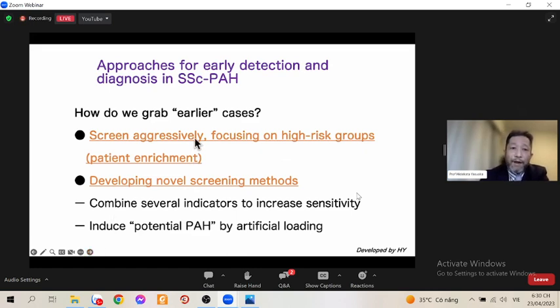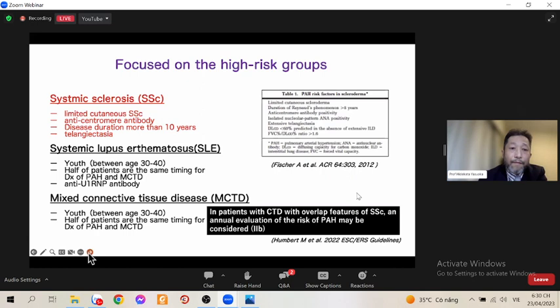So we have to think about how to catch earlier cases. There are two approaches: screening aggressively and focusing on a high-risk group, or developing novel screening methods. Let's go to the first one, focusing on a high-risk group.